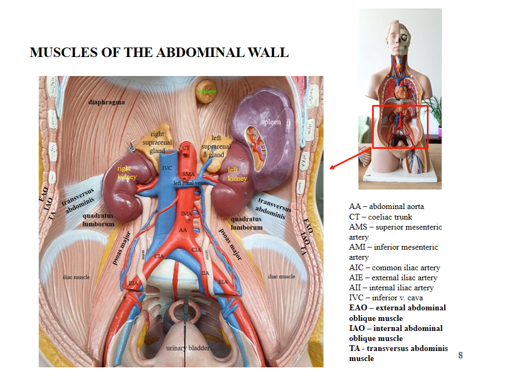Posterior abdominal wall. This is the posterior wall of this plastic moulage, and the posterior wall of the abdominal cavity is formed by the vertebrae, lumbar vertebrae, and muscles, quadratus lumborum muscle, also paired, and psoas major muscles.